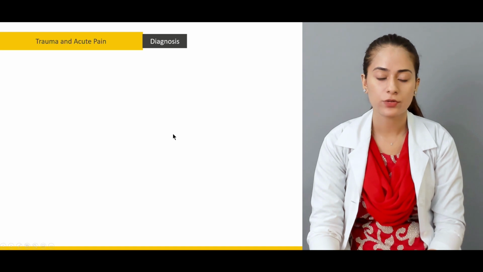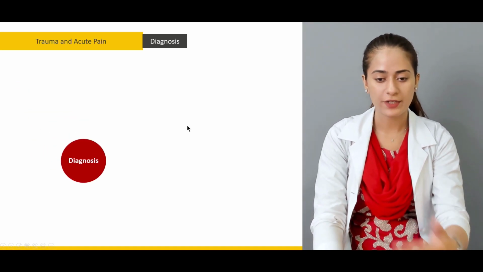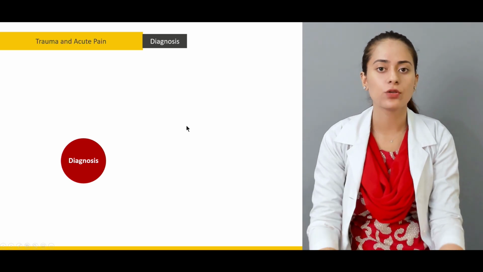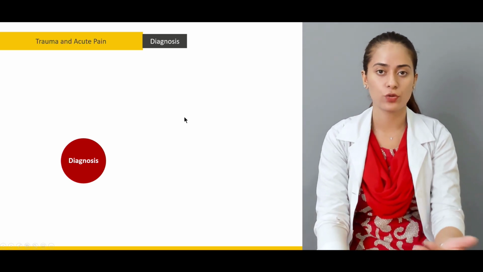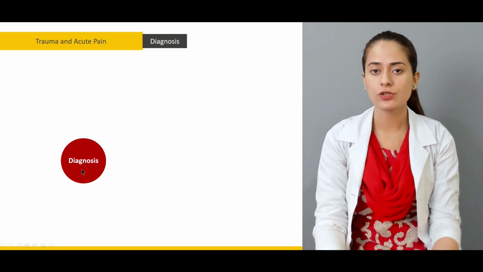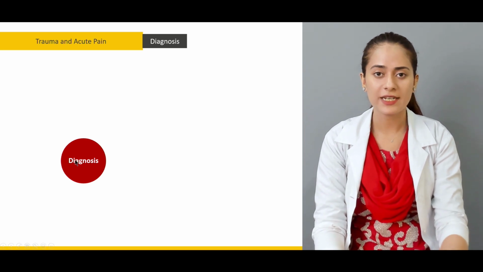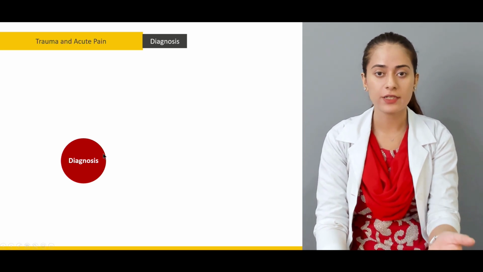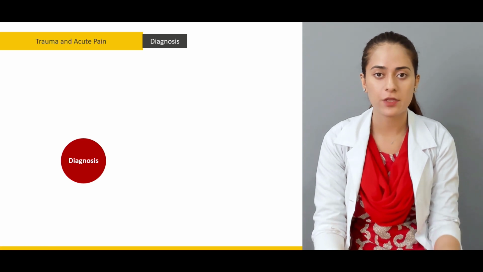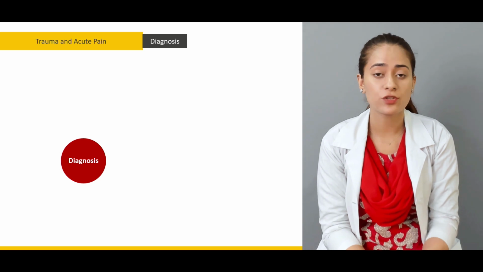Now let's talk about acute pain and trauma, and how to actually diagnose shoulder syndromes or shoulder pain. If, after a trauma, a patient presents with very severe pain, how do we diagnose it and know if it's acute impingement syndrome?